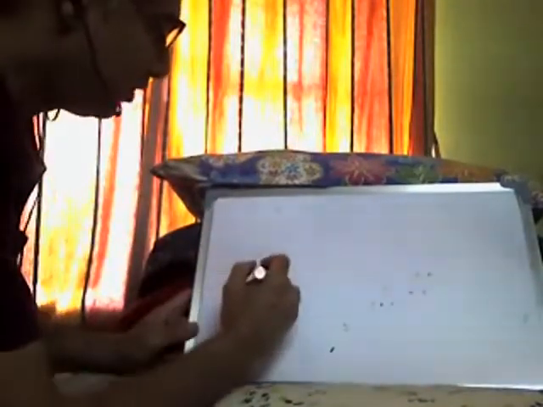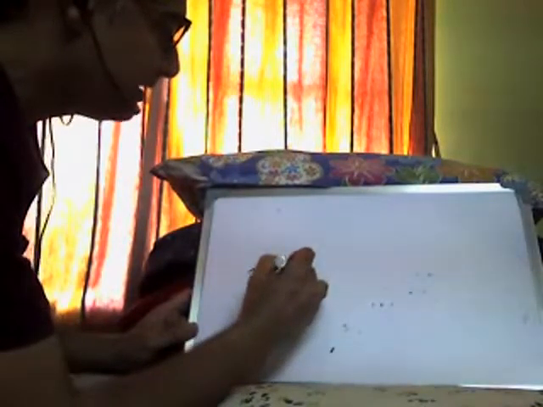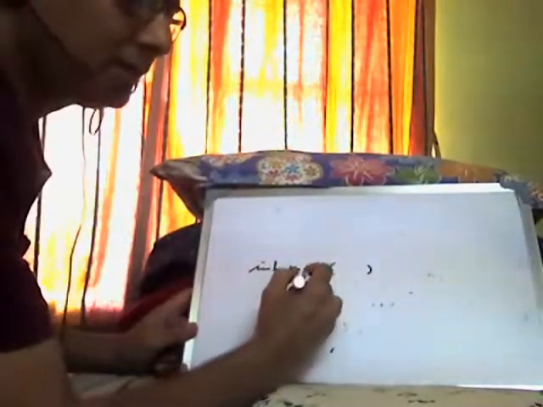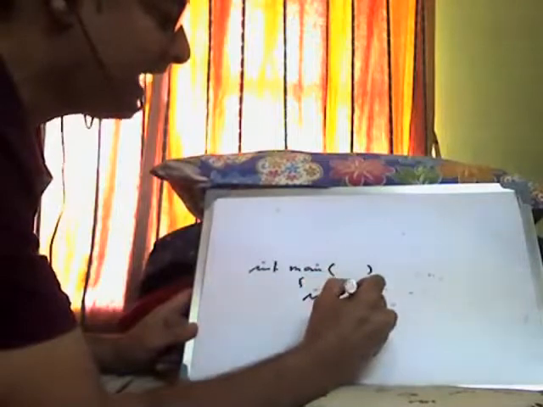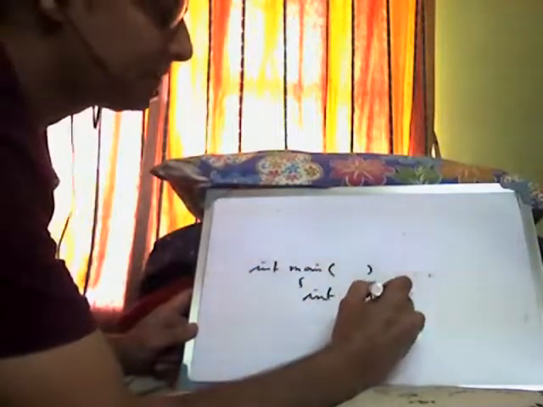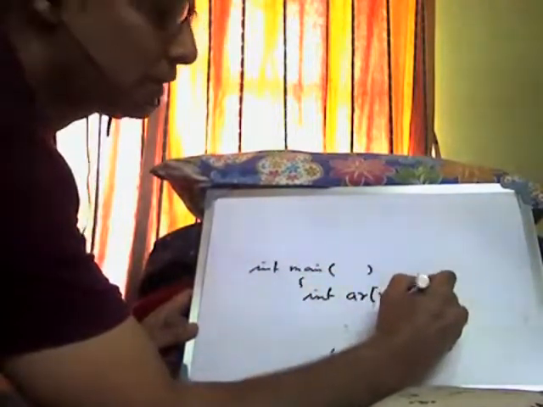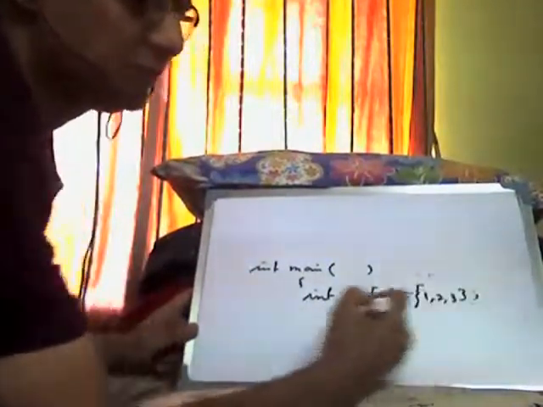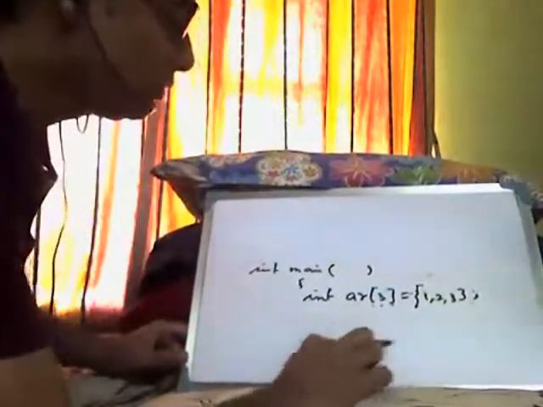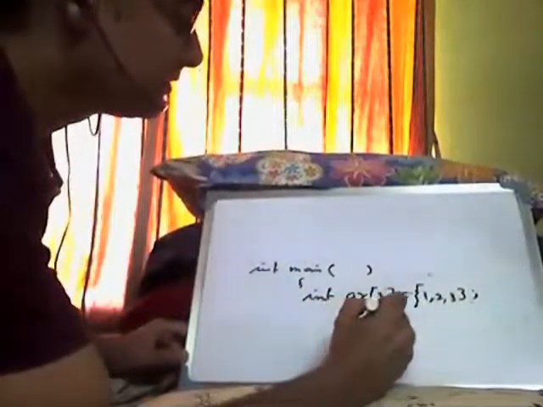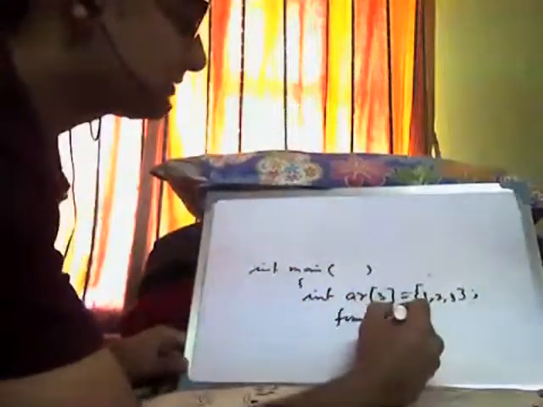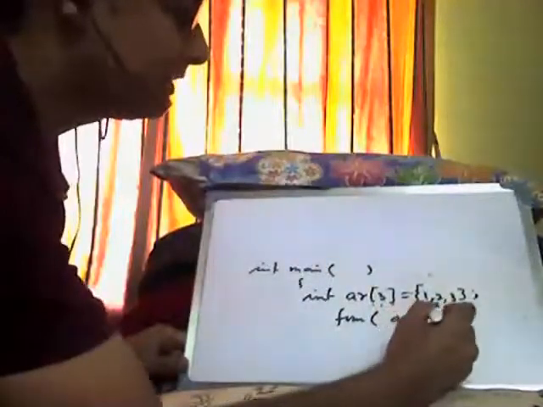I'm giving you one example. Suppose in int main you declare an array, int array[3] is equal to 1, 2, and 3. And you want to call a function with this array.